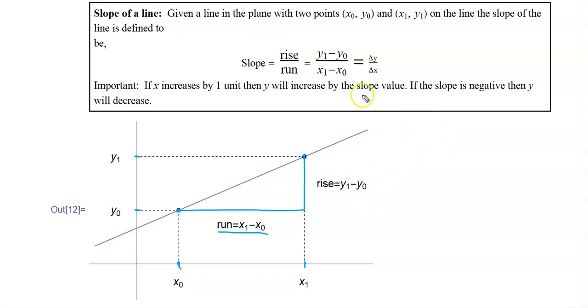Now it's also important to note that if you look at this definition up here, when we go y1 minus y0, we have to go x1 minus x0 in the denominator. So it doesn't matter if we went y0 minus y1, but if we did that, then we would have to keep the same ordering in the denominator.